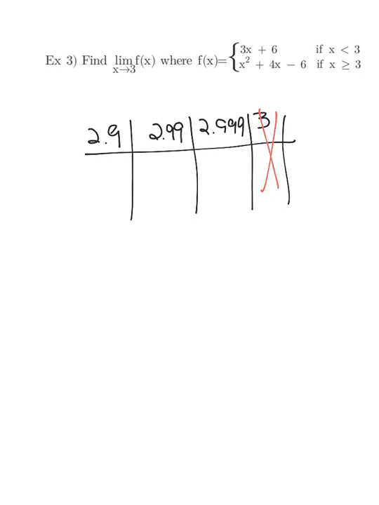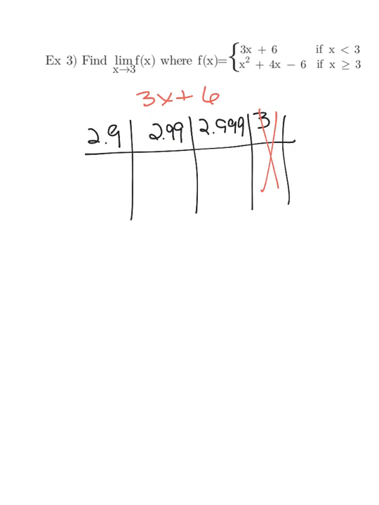We want to know as we're getting closer and closer to 3. That's what limits always mean. These numbers are all less than 3, so the function that we need to use here is 3x plus 6. That's where you're going to put your values in.